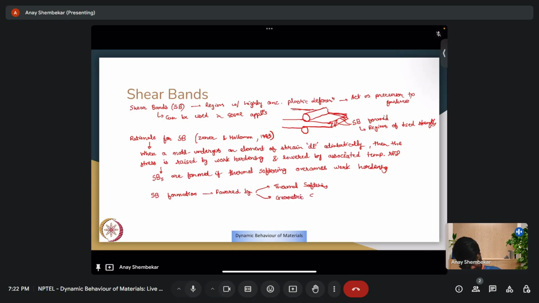This refers to usually some sort of internal microstructure rearrangement, and it is in turn opposed by strain hardening as well as strain rate hardening.